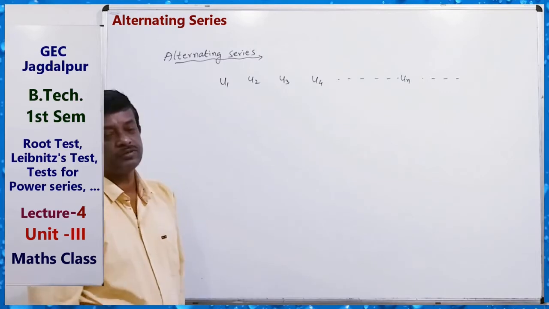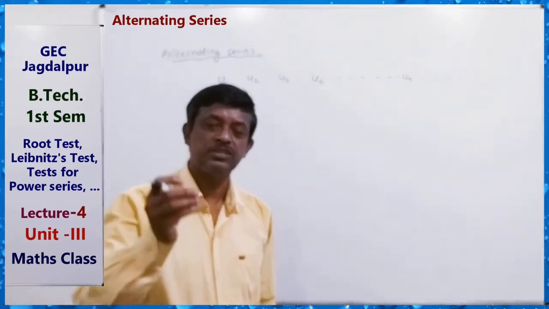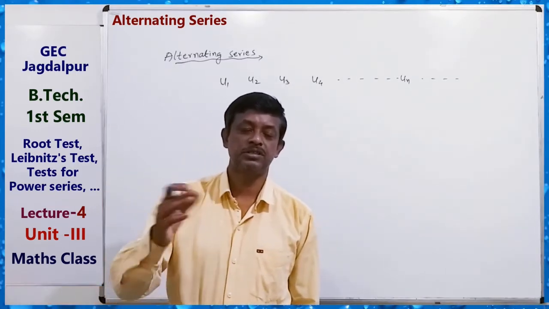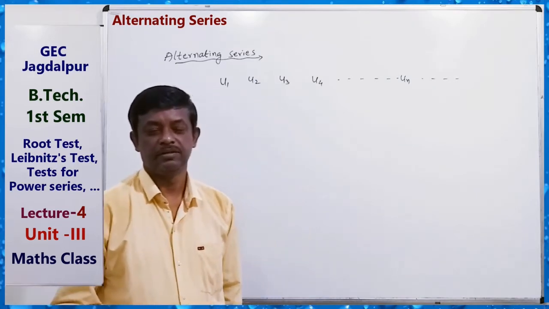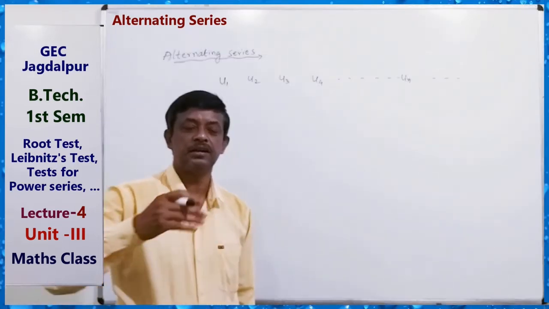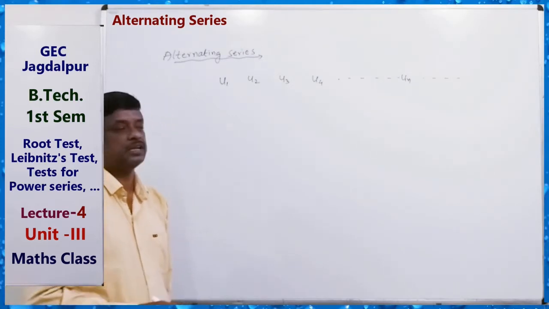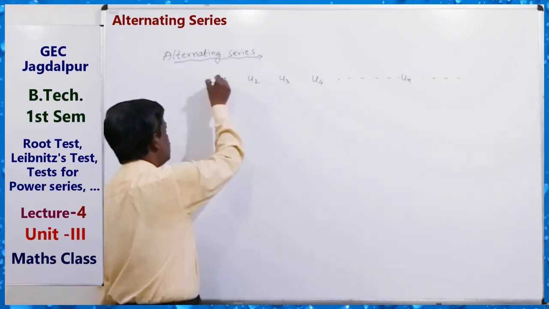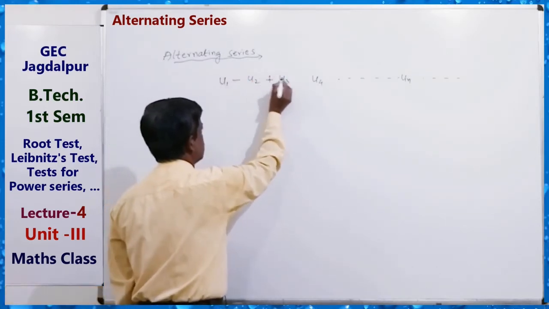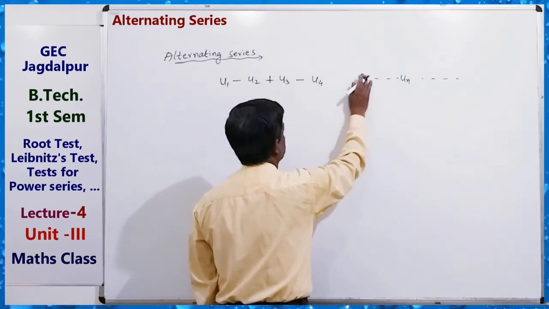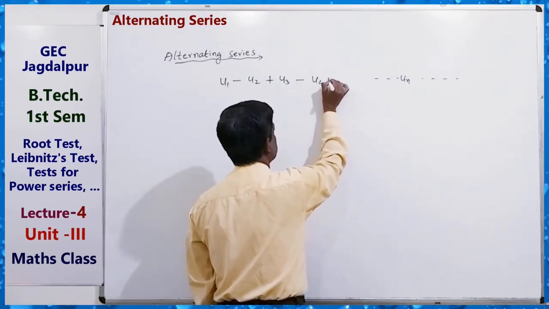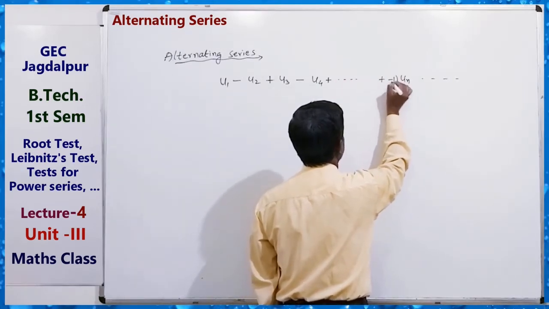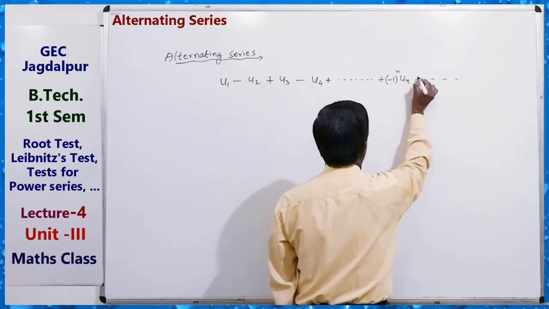If the terms of the series are alternately positive and negative, then we say this series is an alternating series, just like u1 minus u2 plus u3 and so on. That is, (-1)^n un.